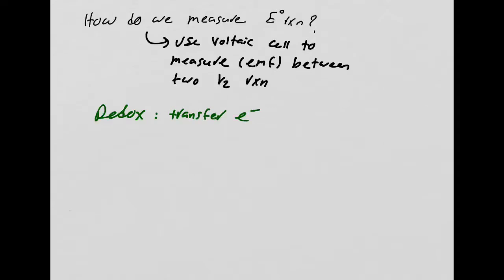And electrons is what? That's electricity. Okay, so what we do, we can use a voltaic cell to measure the E potential. We can measure the electricity. We can measure how the electrons are transferred. And the other thing I want you to remember is that all batteries contain a voltaic cell.